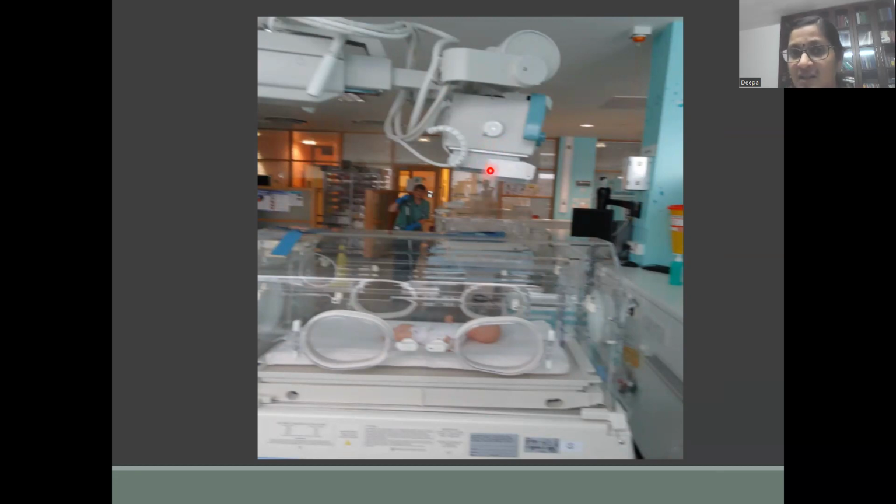So for this, either the X-ray beam, the X-ray machine, or the baby should be at an angle so that the X-rays do not fall perpendicular on the baby. So sometimes we keep the baby's head elevated to 10 degrees, or you can tilt the X-ray beam or the head of the X-ray to 10 degrees caudally so that the X-rays do not land directly perpendicular to the baby.